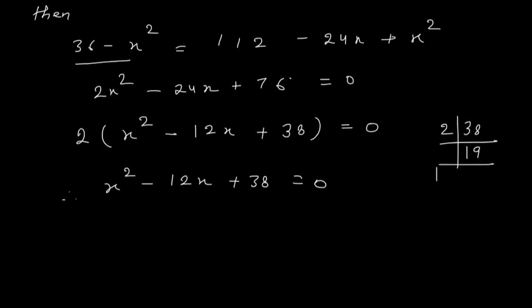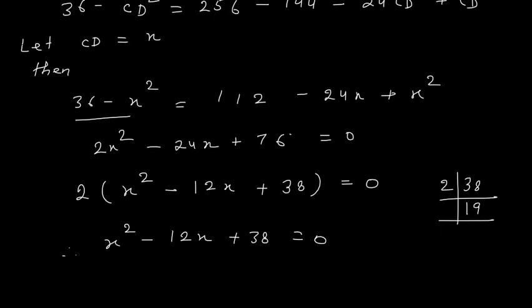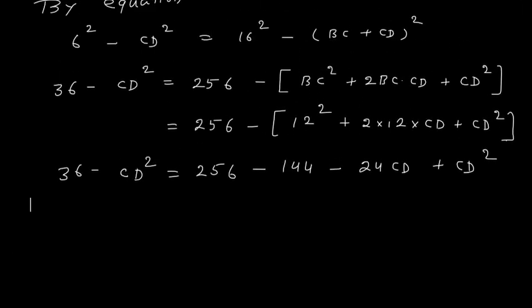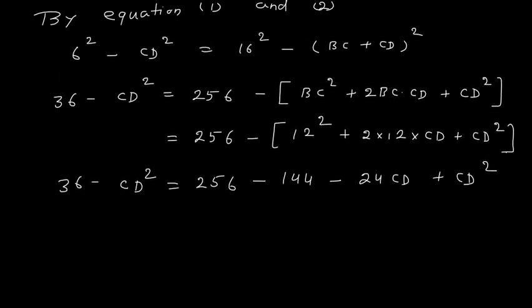Here one mistake we have done, let us remove this. When I open the bracket, this CD square is minus CD square, it is not plus, it is minus CD square.